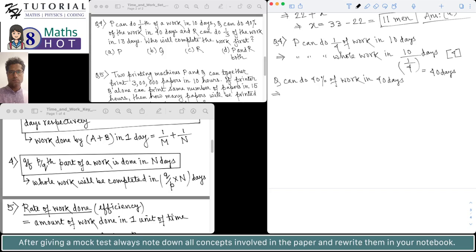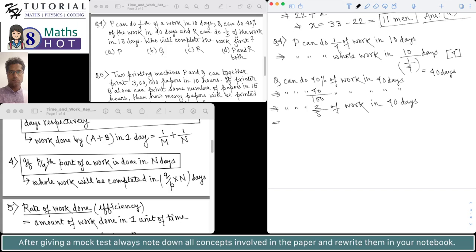This implies Q can do 40 by 100, that is 2 by 5, of work in 40 days.